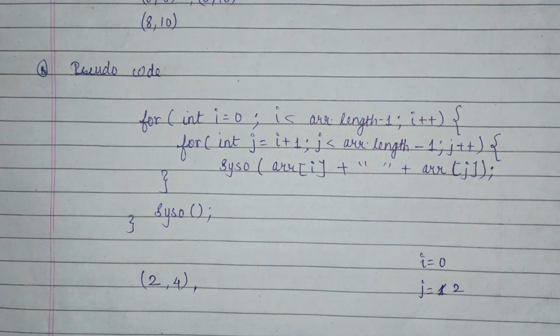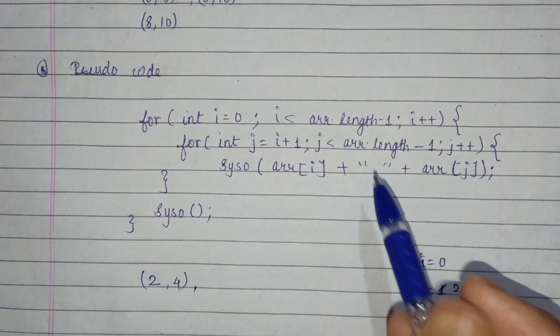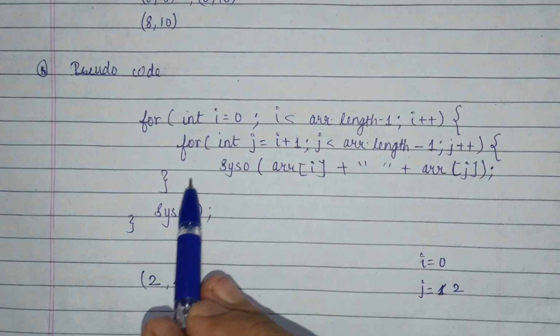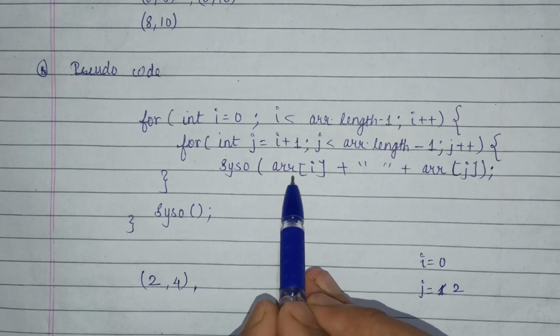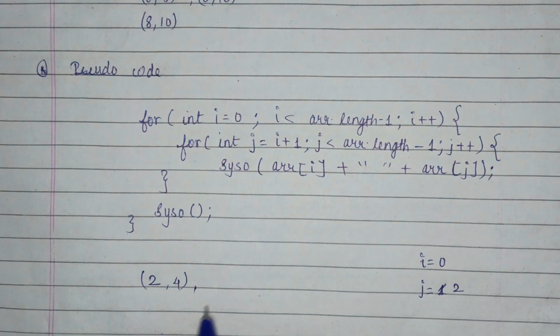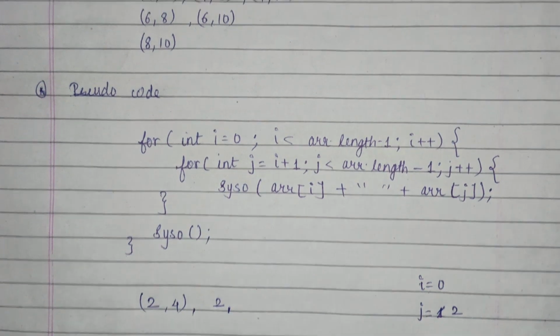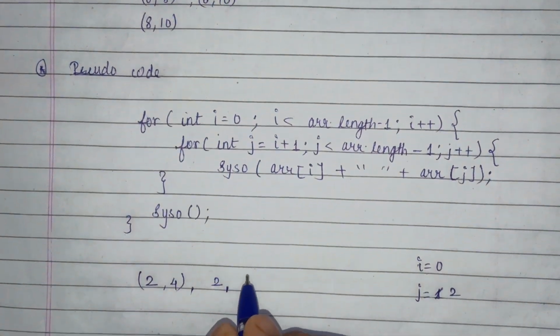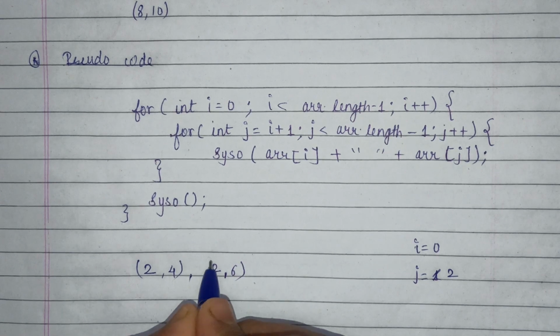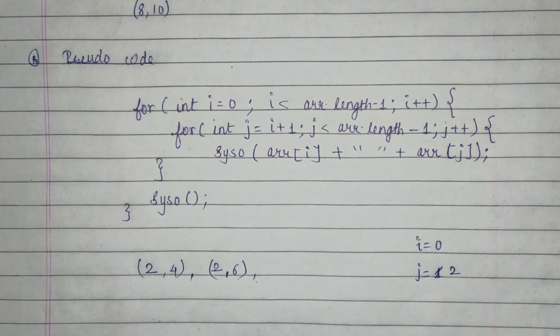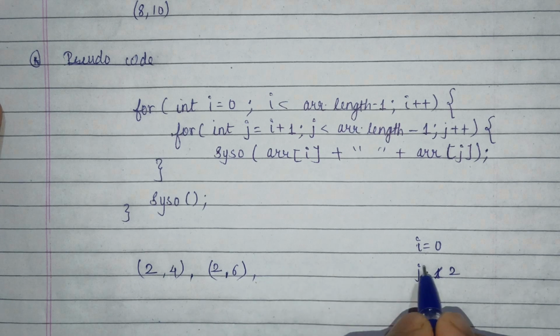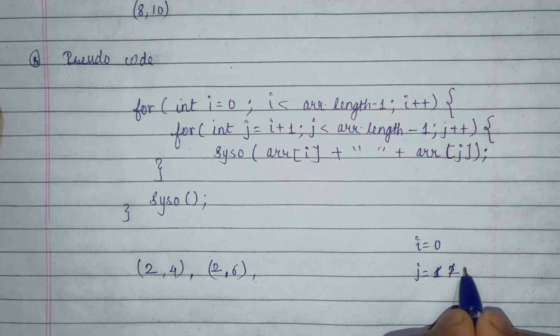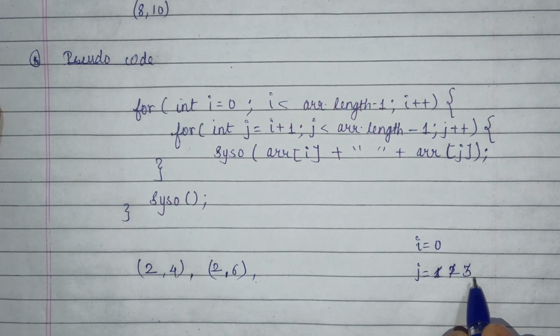Obviously yes, and it will enter into the loop, and array of i, as we know, is 2 only, and array of j means array of 2 here. Now array of 2 is 6, so we have 2, 6 combined, and again j value gets updated. j value is now 3.